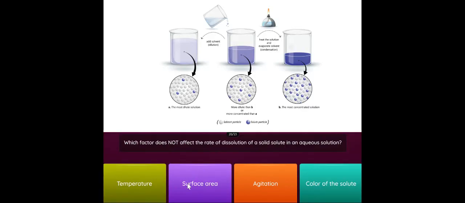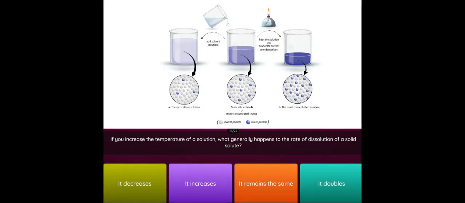If you have more surface area, it can dissolve faster. Agitation is stirring. If you stir it up, it can dissolve faster. Color, whether it's blue, green, purple, or red, does not matter for how fast something is stirred up or dissolved. So number 20, color of the solute doesn't matter.